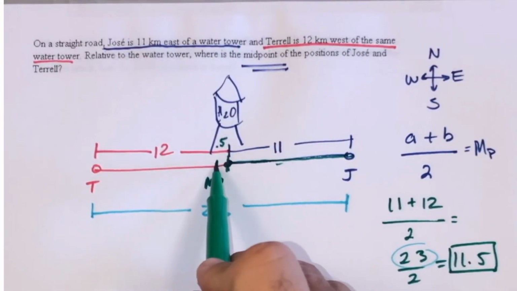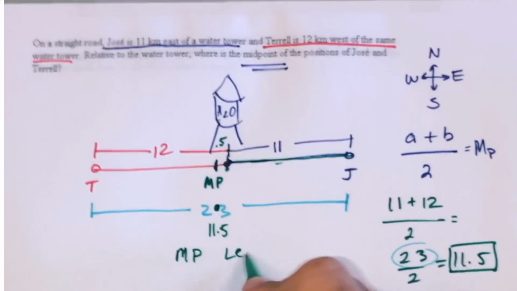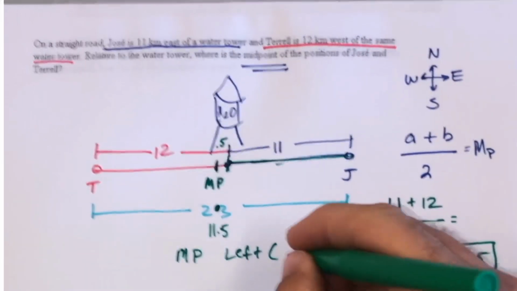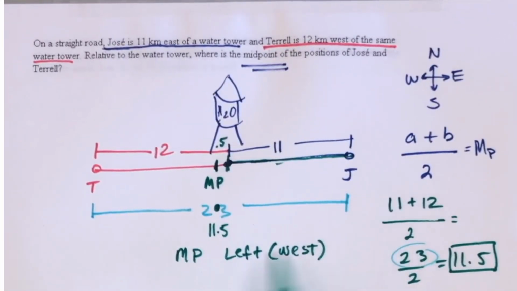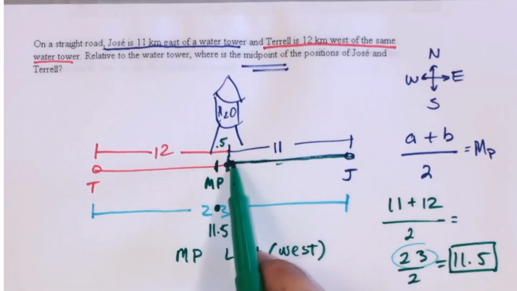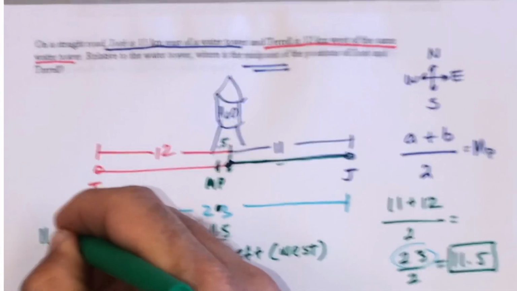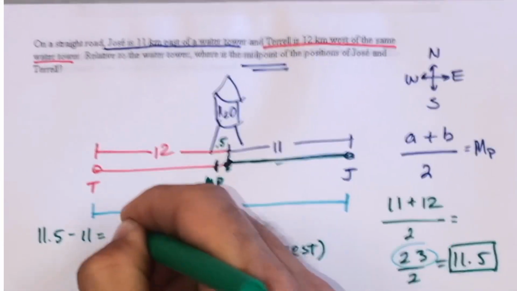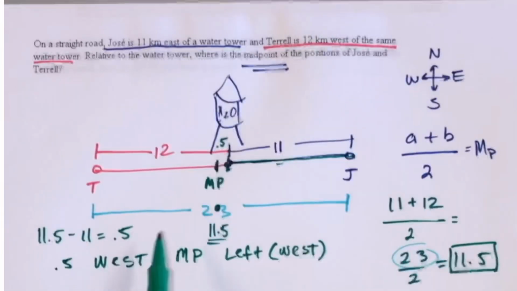Now that I know where my midpoint is, I know my midpoint is to the left, and to be to the left is to be to the west. How much to the west? If from here to here is 11 and my midpoint's 11.5, the difference is 0.5. So I'm 0.5 to the west.